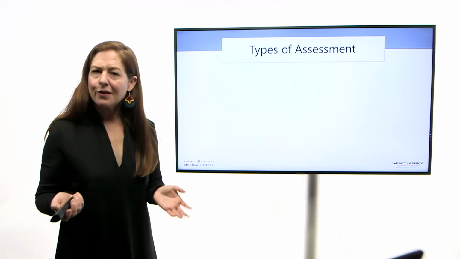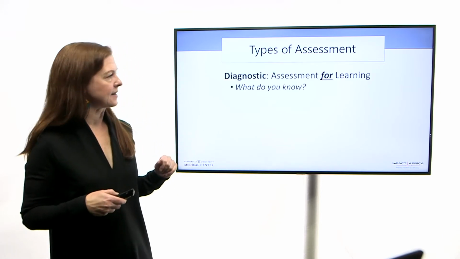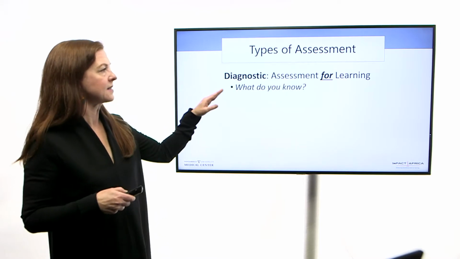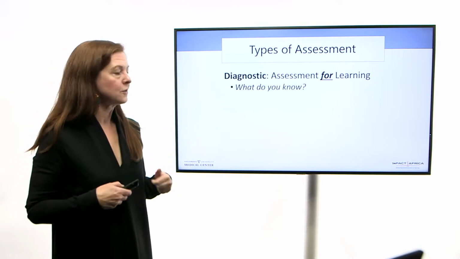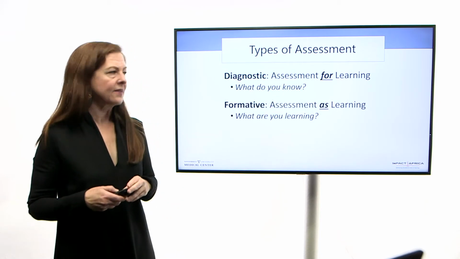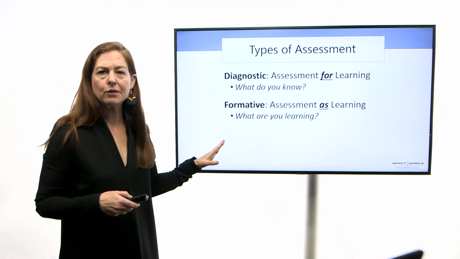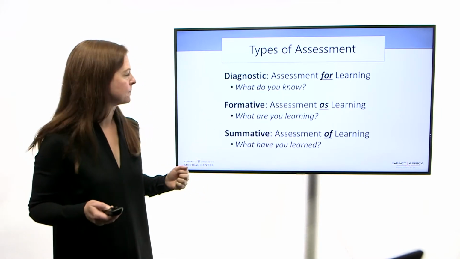So as I mentioned, there are 3 primary forms of assessment. The first is diagnostic, which is really conceived of as assessment for learning. So what do you already know? Formative assessment is assessment as learning, so thinking about what are you learning at any given point.